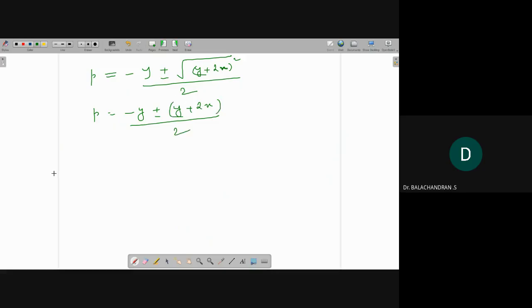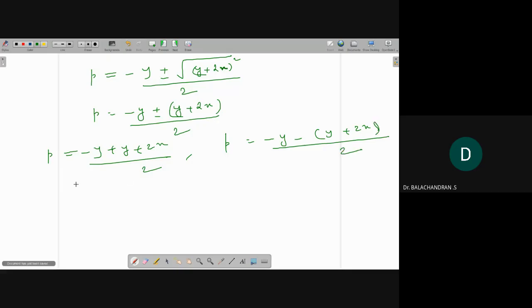There are two cases. First case: p equal to minus y plus y plus 2x, divided by 2. Other possibility is p equal to minus y minus y plus 2x, by 2. In the first, y gets cancelled. So after this 2 gets cancelled. Dy by dx is equal to x.